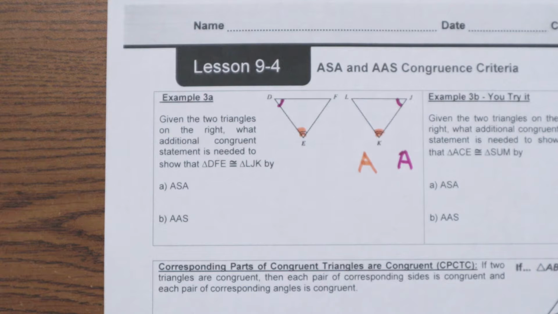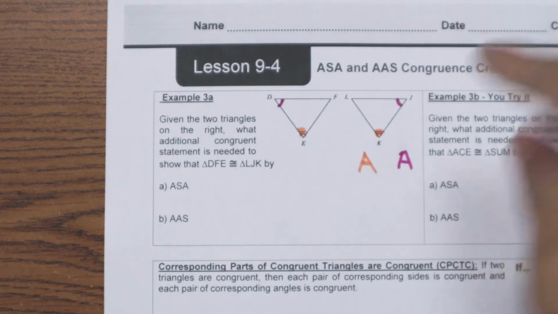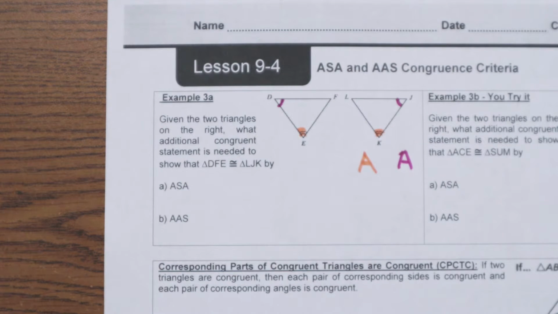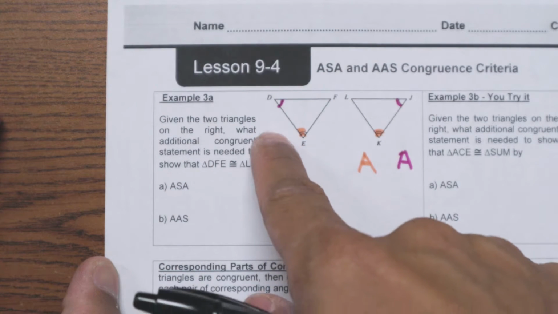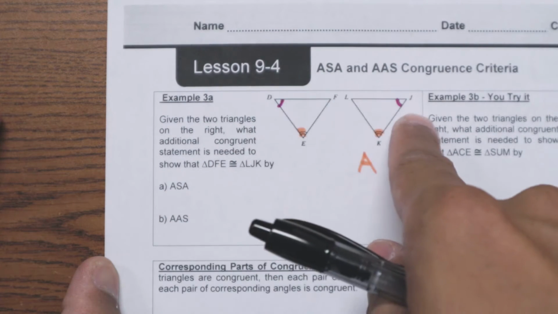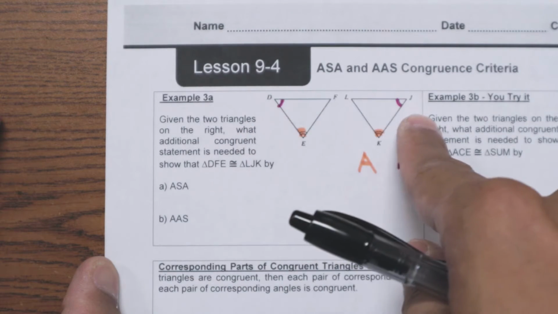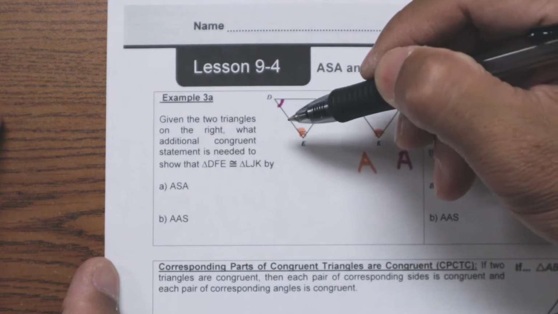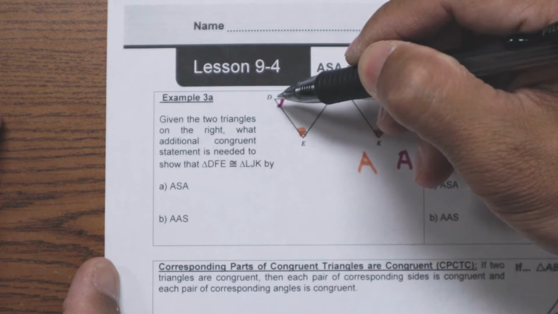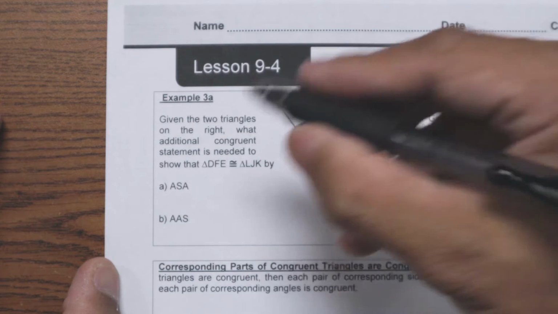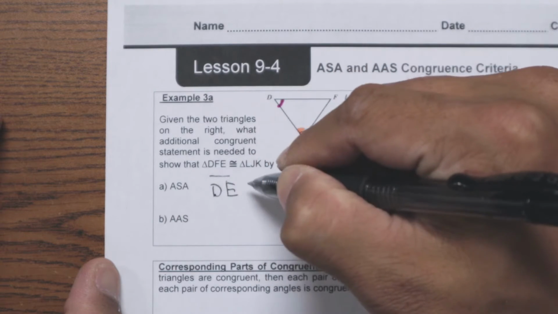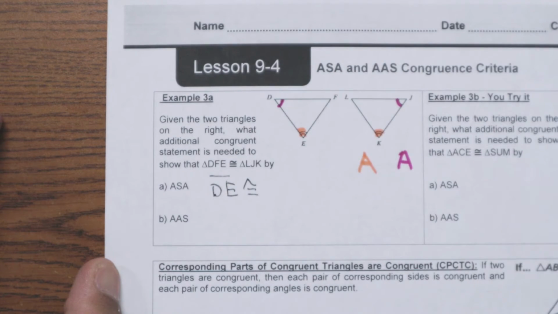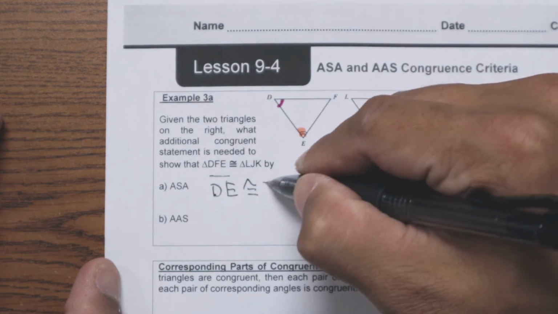And if I were to really prove that these 2 triangles are congruent, same size, same shape, by ASA, I need to have the middle pair of sides between the angles having the same length as well. So in this case, the side that is in the middle is going to be DE and KJ. So we're going to say that the third piece of information I need is segment DE has to be congruent to segment JK.